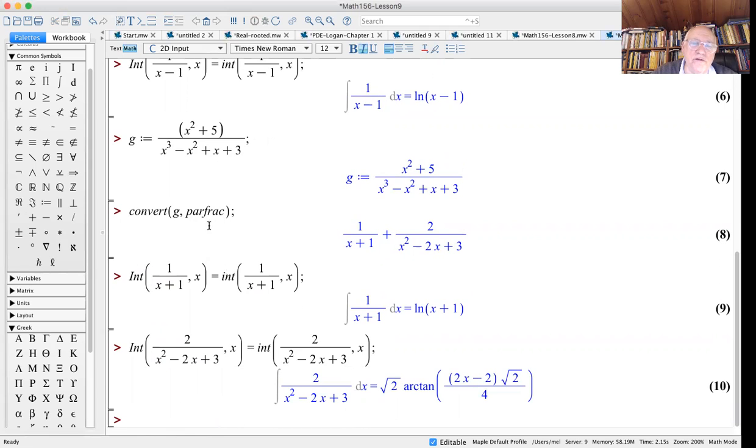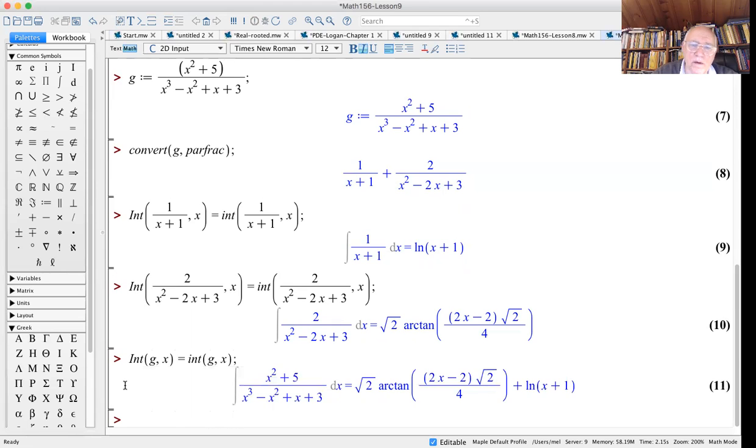So the integral of G is the integral of the first term plus the integral of the second, this plus this. And if we just have Maple do it directly, we get exactly the same thing. Log x plus 1 plus this arctangent term. So that's all it is.